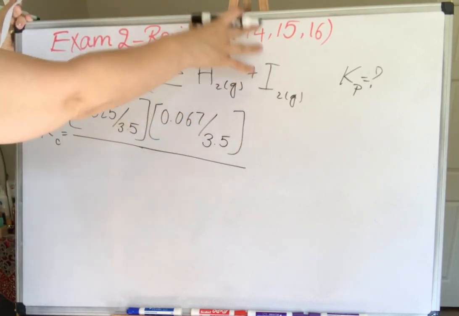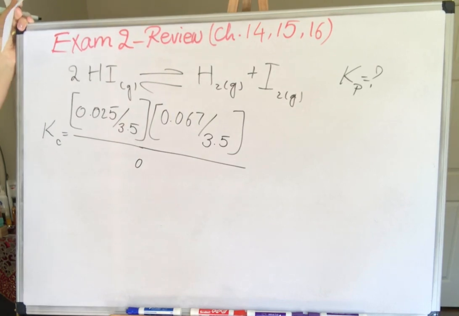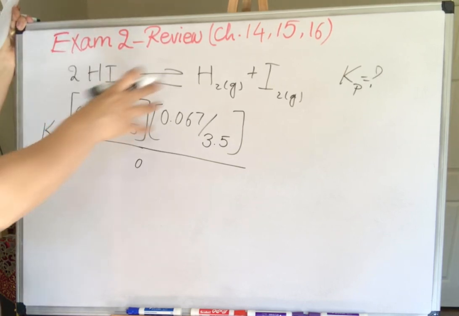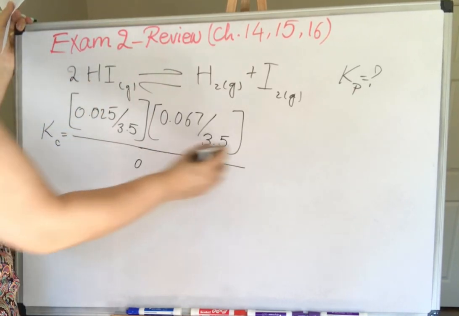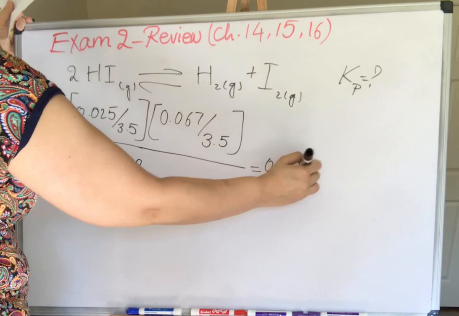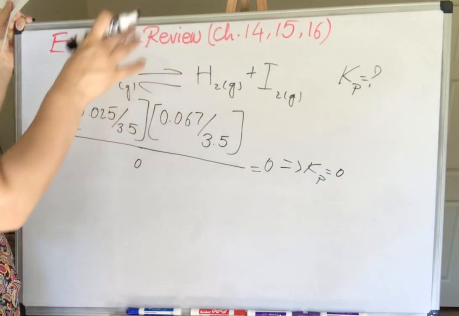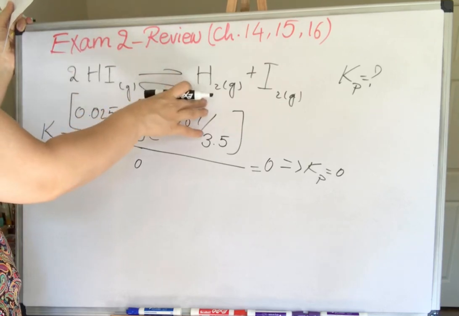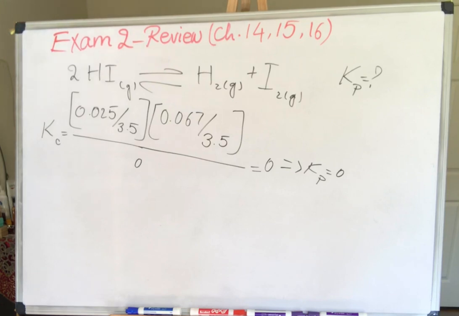That's the products divided by the reactants, and you are lucky here, but there is a problem with the answer key. A and C are both 0, so whichever you calculate is enough. It means that there is nothing left of HI, so there would be no Kc and no Kp. Or you can just say that Kp and Kc are going to be the same because delta N is 0.